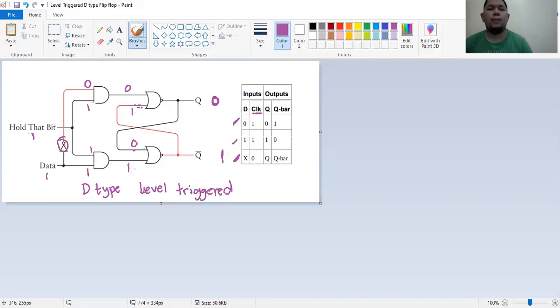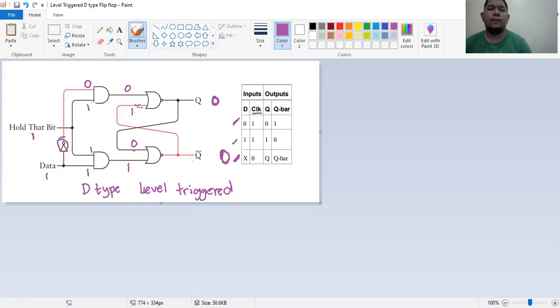So we have a value of 0 and 1, or 1 or 0. So inverse, so 1 or 0 becomes 1. Inverse that becomes a 0.